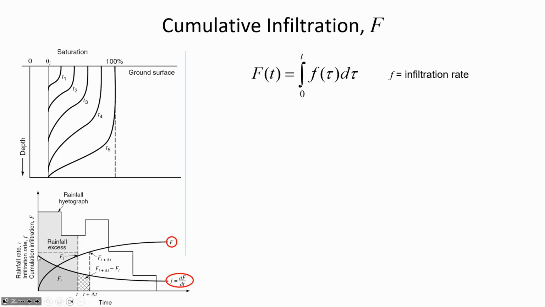And so all the rainfall that's below the infiltration rate curve would be the water that's actually infiltrating. And it's only when there's more rainfall intensity than there is infiltration rate that you'd have runoff. So rainfall excess is when precipitation rate is greater than infiltration rate.